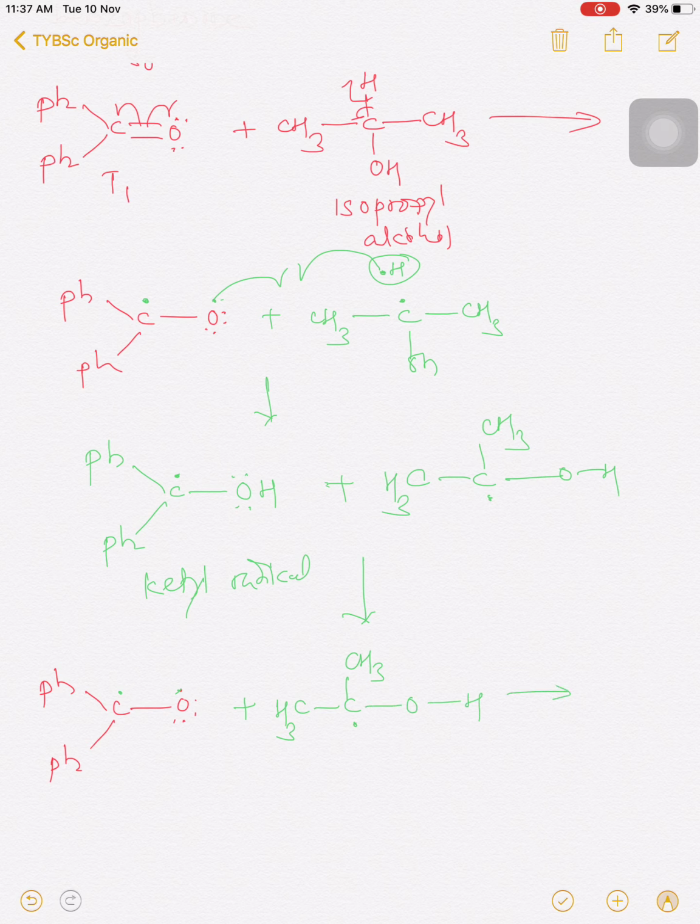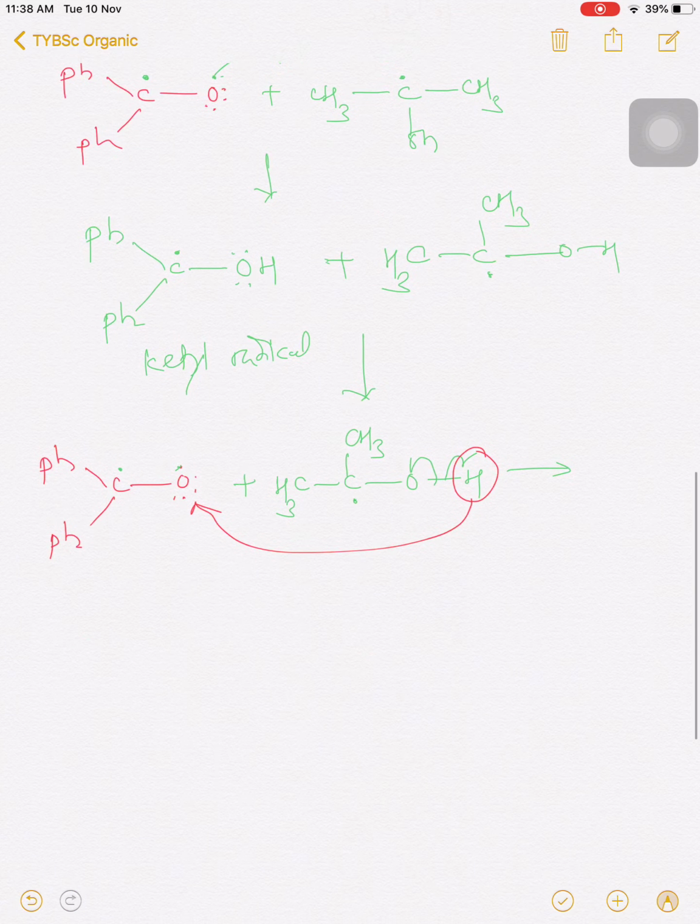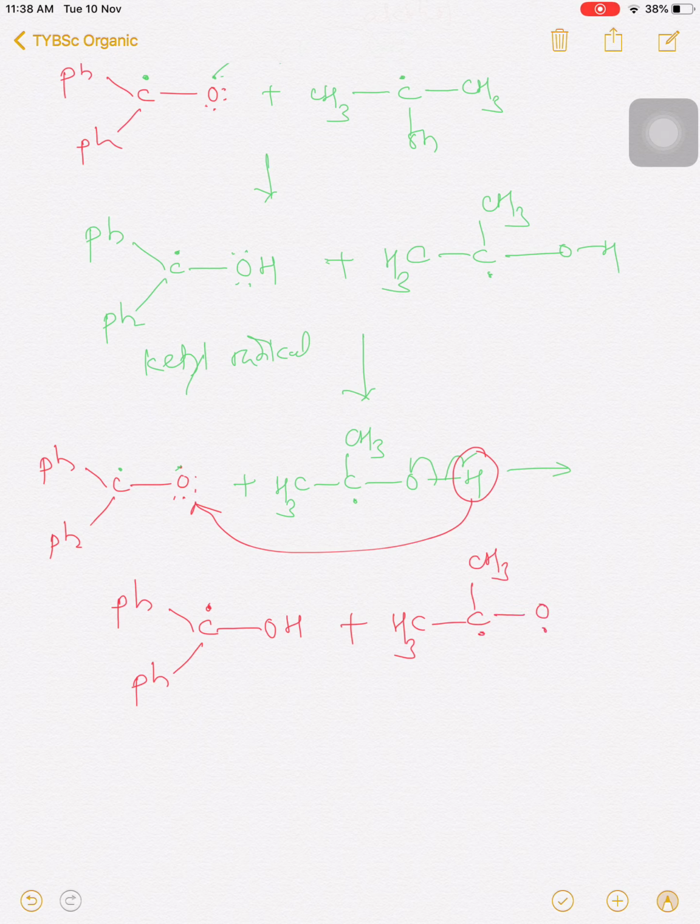So this bond is broken and this hydrogen is shifted to this second molecule radical. There is a formation of Ph, radical, OH, and the other part, CH3, radical and O radical.